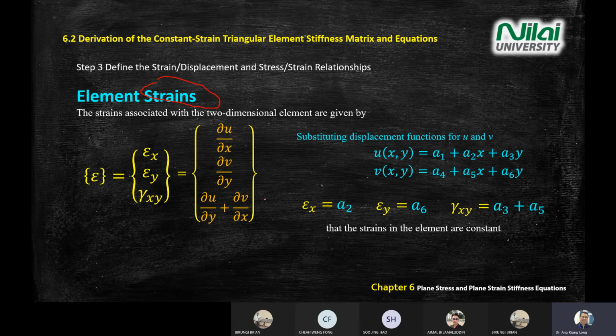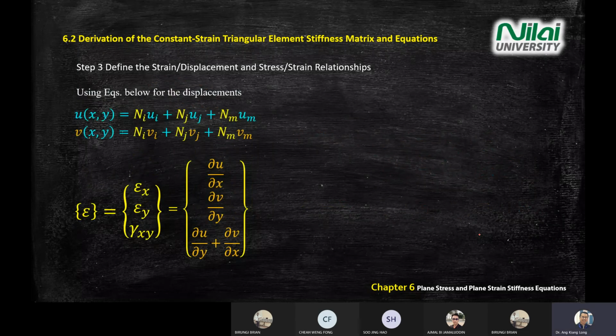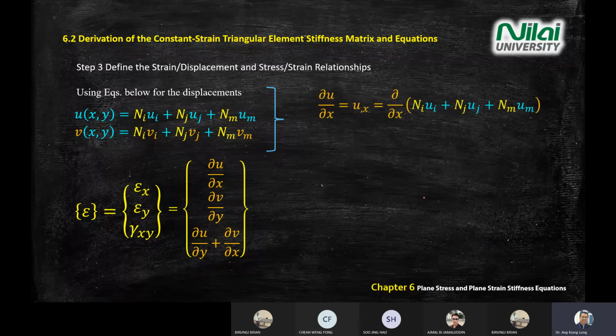So A1 is what? A1 is stress S. EY is A6 and so on, right? I'm just showing you the slides very fast. You derive the same equation. You have the U and V with the strain equation over here.